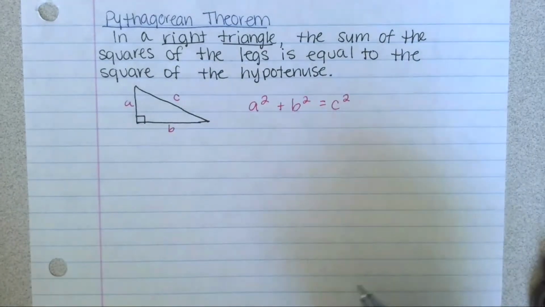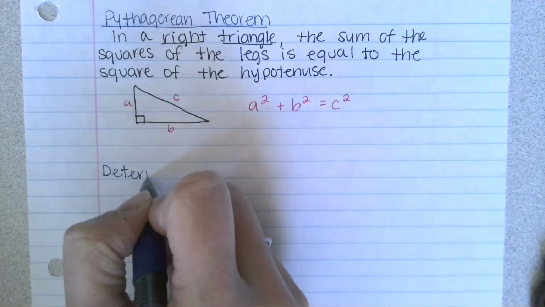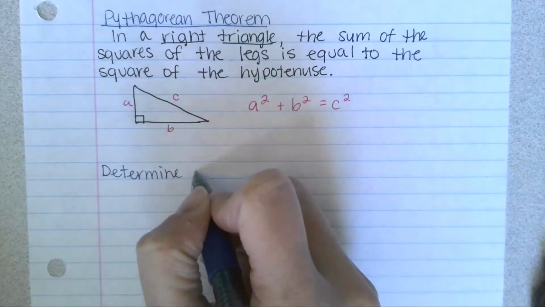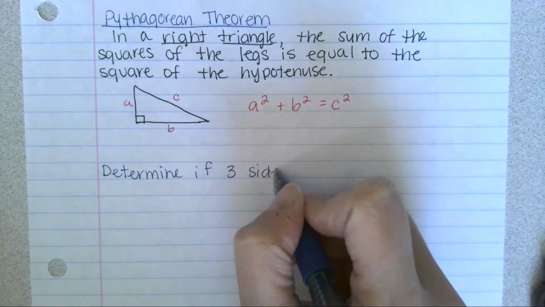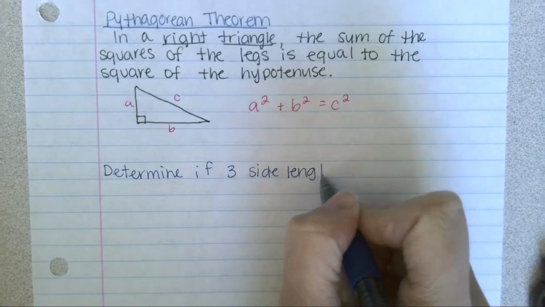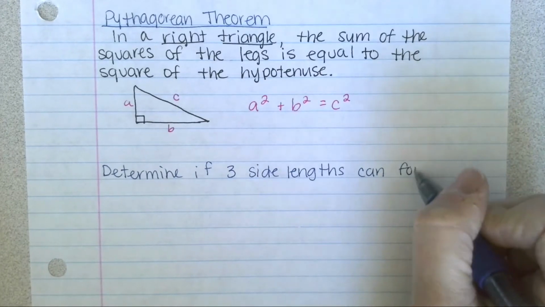So first up, we can use this to determine if three given side lengths can form a right triangle.